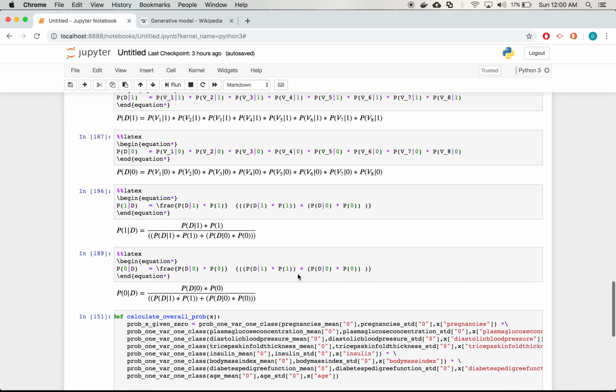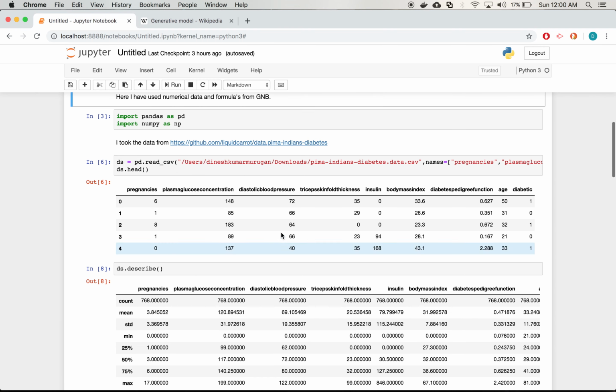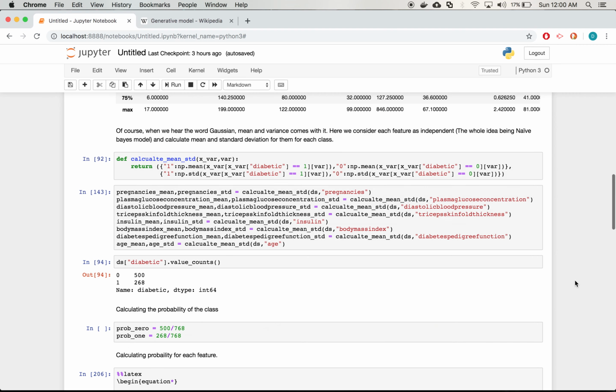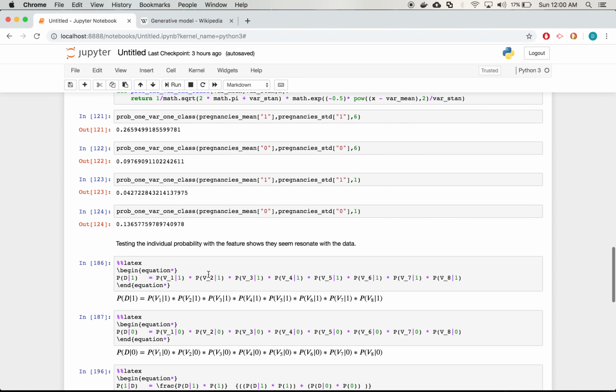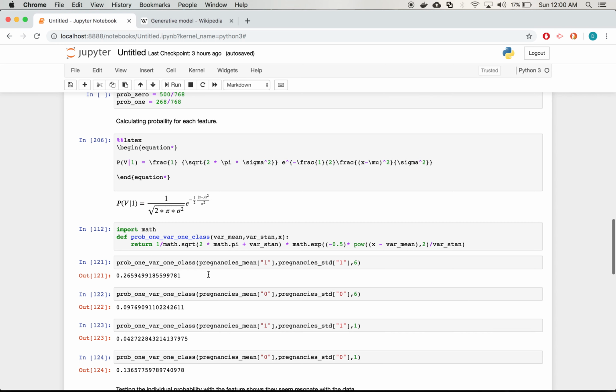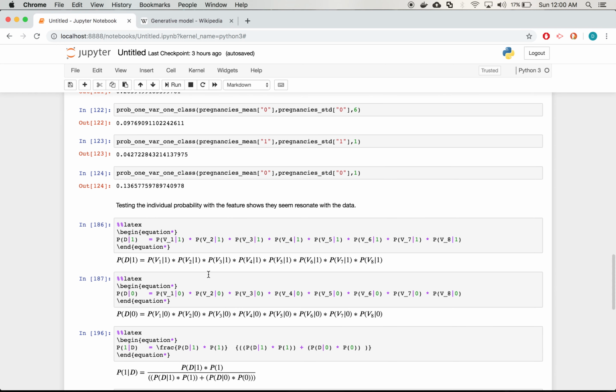Let's take another patient, the patient with index 3, who is not diabetic, and the result is that the probability the patient does not have diabetes is higher than that he has diabetes. This is a small example to show how it learns the joint distribution and uses the joint distribution to predict the class. Thank you.